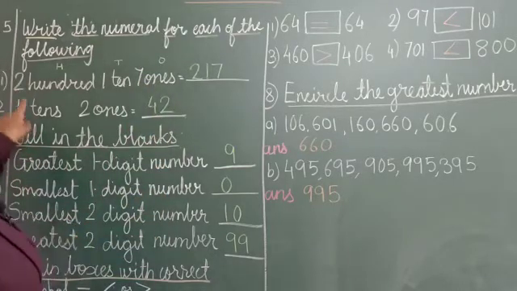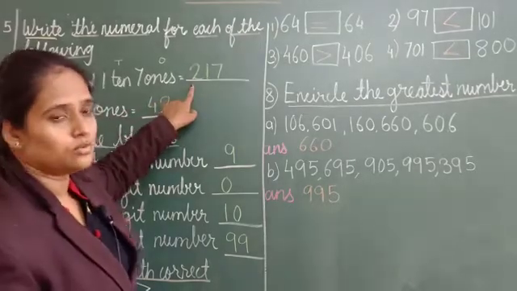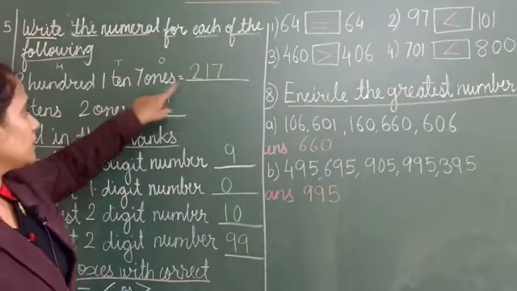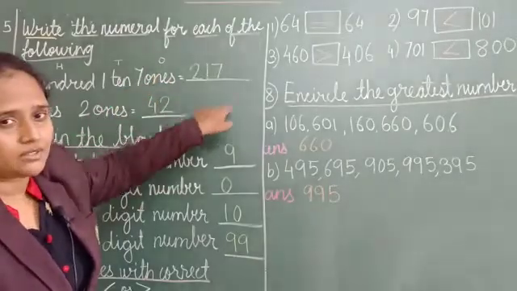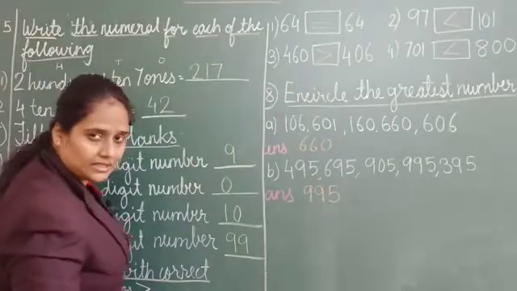At the hundreds place we have 2, so 2 will come over here. At the tens place we have 1. At the ones place we have 7. So what did it become? 217.